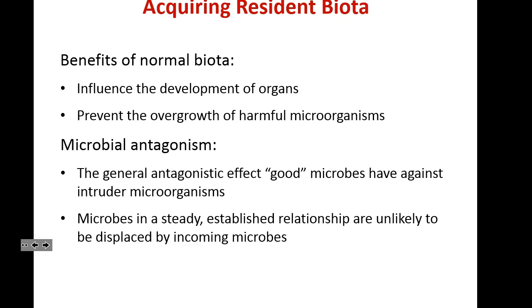So what will happen when microbes that could be bad for us go into the same areas where our good microbiota is? They have to compete for space and nutrition.